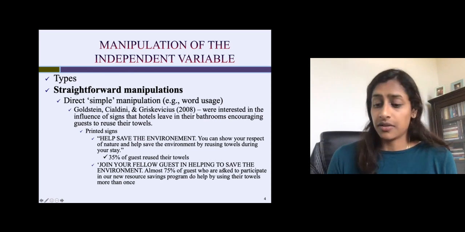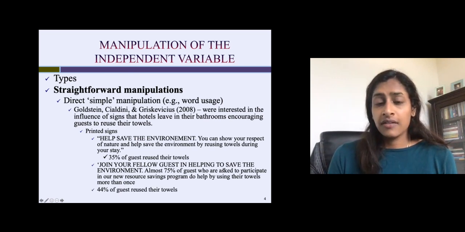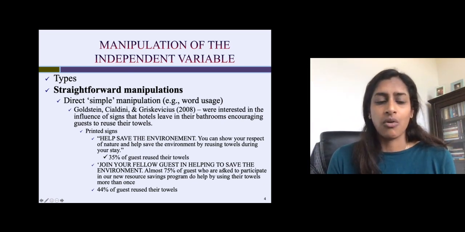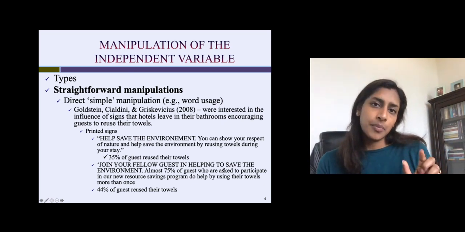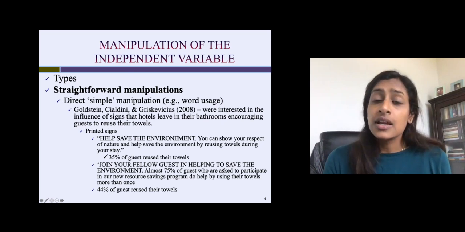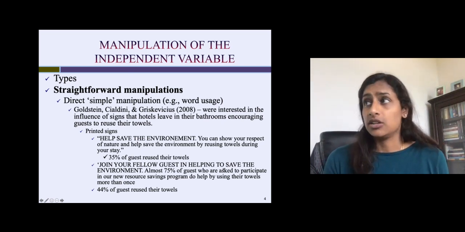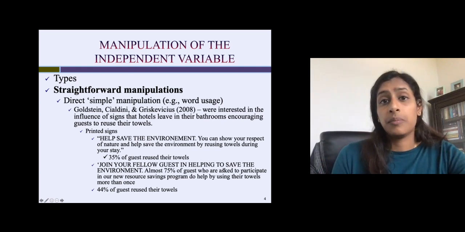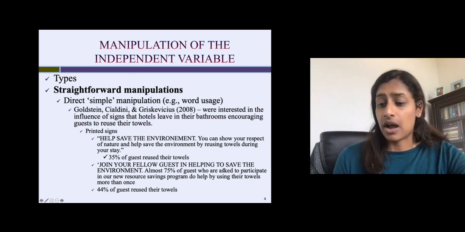When this was printed on the card, the number jumped up to 44%. 44% of guests ended up reusing their towels. So here, just a simple manipulation of words actually produced a change in the number of people that were willing to reuse their towels.